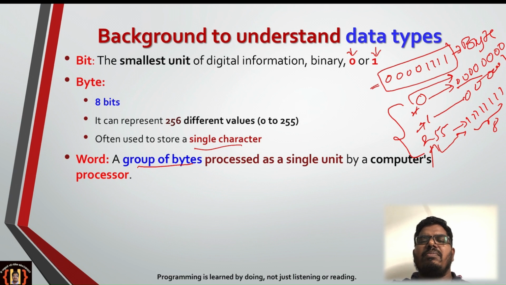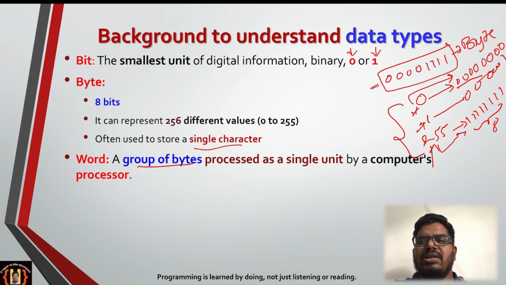Means the processor, that CPU, whatever we are using, works on words, not on the bit, not on the byte. When I say operations the CPU performs, it could be addition, subtraction, multiplication, all the arithmetic operations.